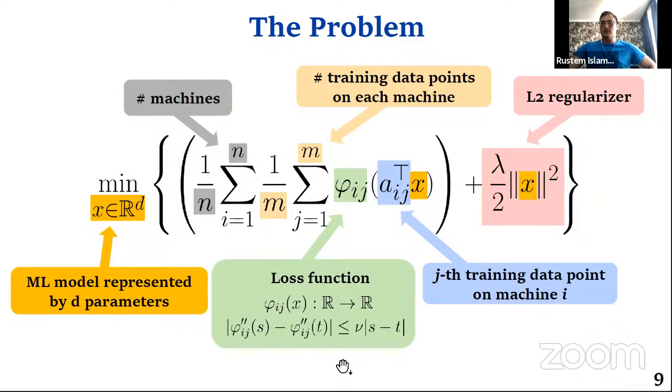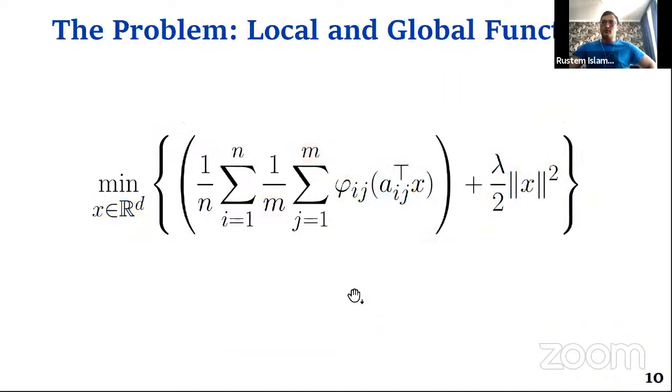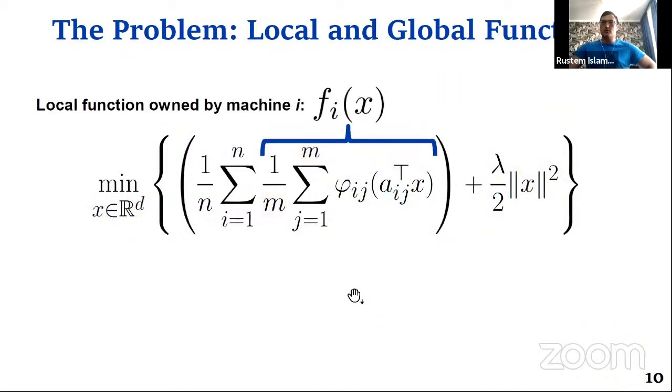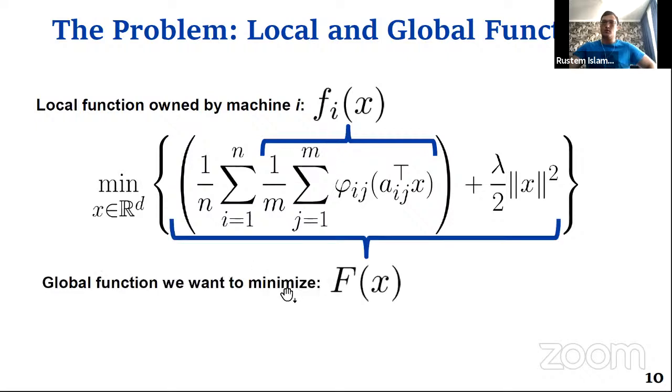These are classic assumptions for second order methods. For brevity, I will use the following notation also. The local function which represents the loss on node i, I will define as f_i, and the whole function that we want to minimize is capital F.